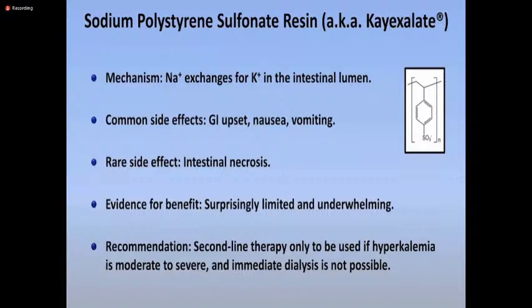So the patient passes out potassium too. The main side effect is mostly GI upset. They can have nausea, vomiting, constipation. Rarely do they get intestinal necrosis, but that is something that you can bear in mind. This is what is commonly used and what is readily available to most of us.